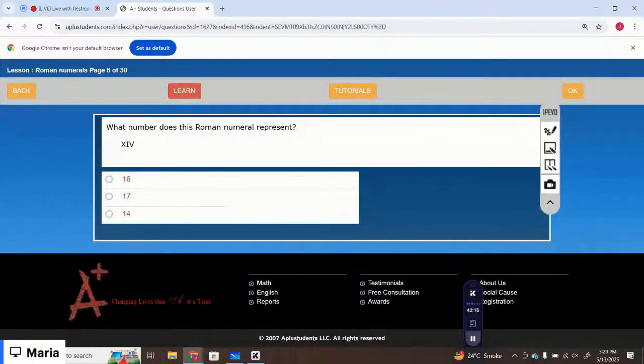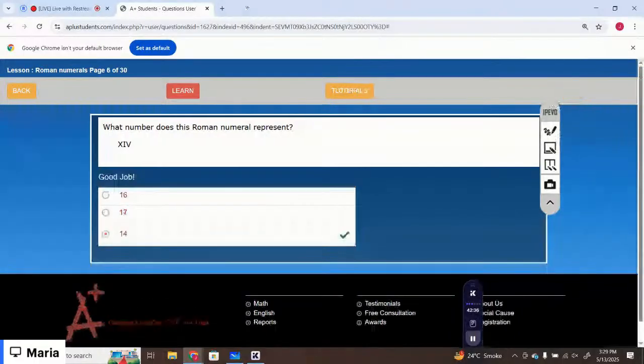What number does the Roman numeral represent? That is 14. Option number 3 is the correct option.